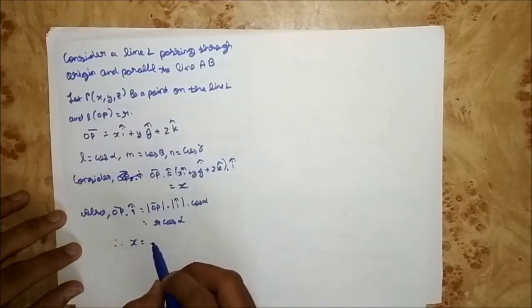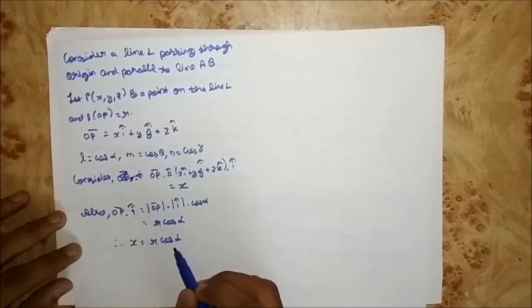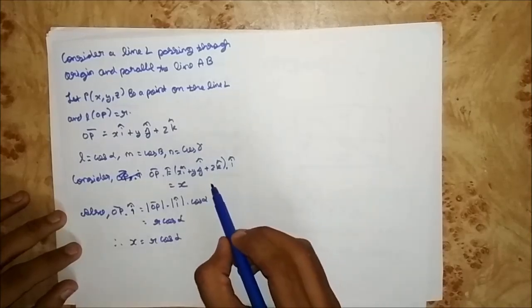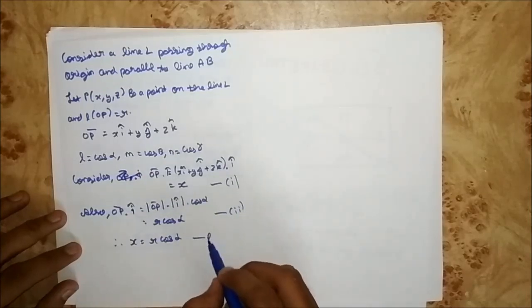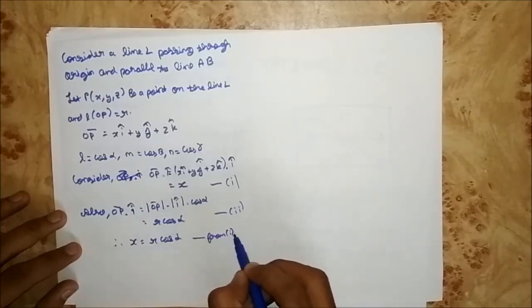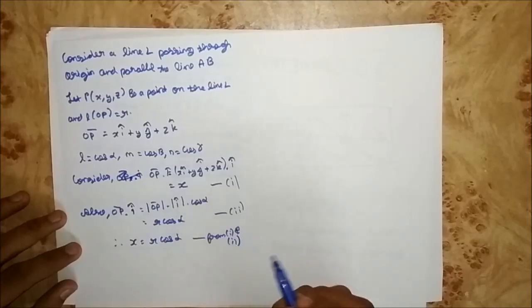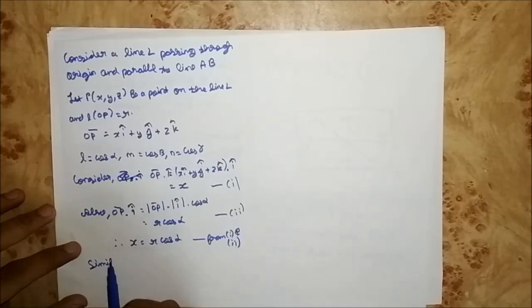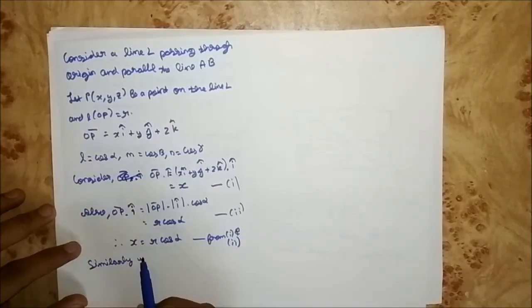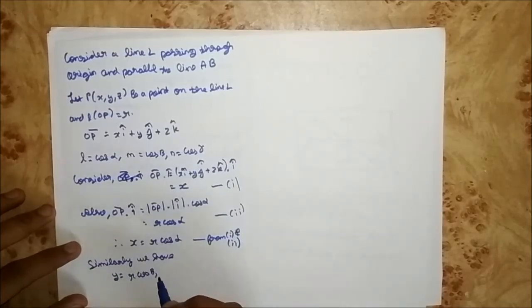Therefore x is equal to r cos alpha, from 1 and 2. Similarly, we have y is equal to r cos beta, and z is equal to r cos gamma.